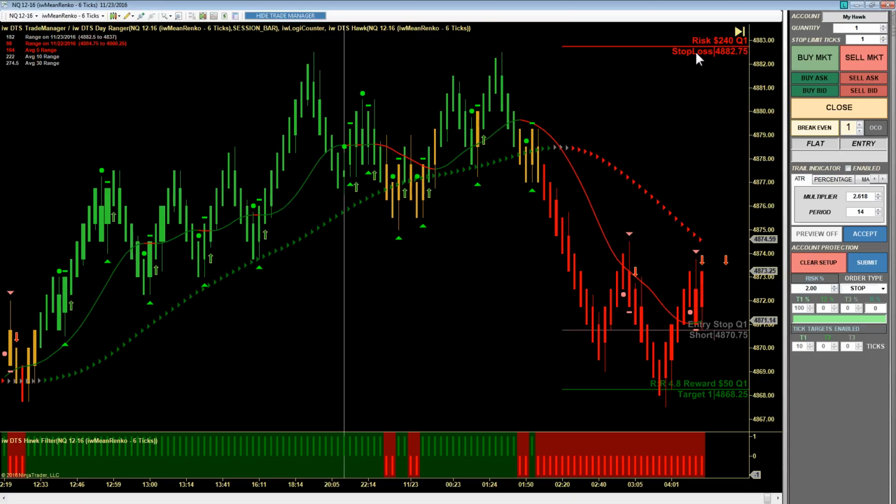Now, I know everybody's looking at this and saying, what, you're going to risk $240 to make $50? Sure, why not? Oh, well, that's totally against your risk-reward ratio. Well, what is a risk-reward ratio other than a made-up ratio based on something you don't know, namely the reward side of the equation?